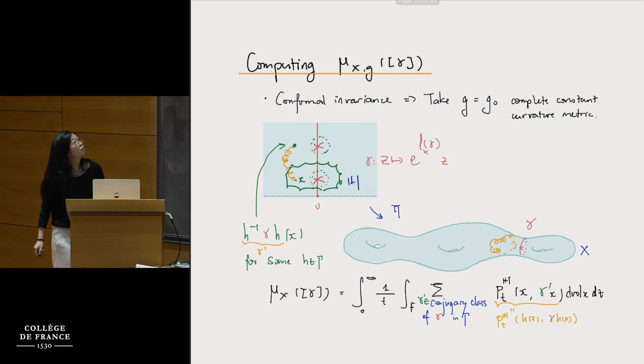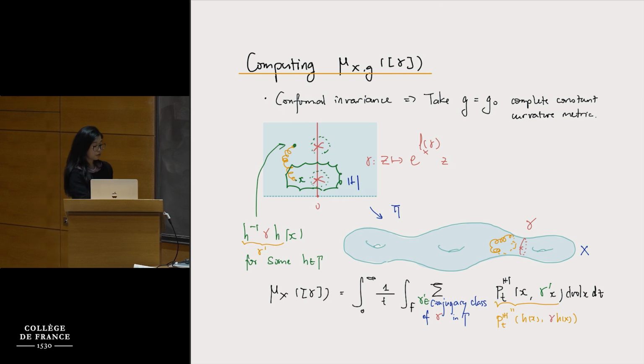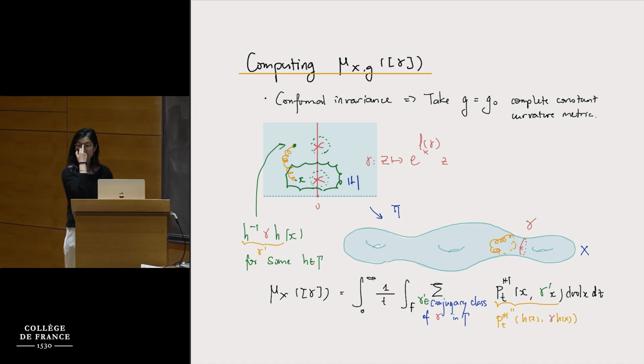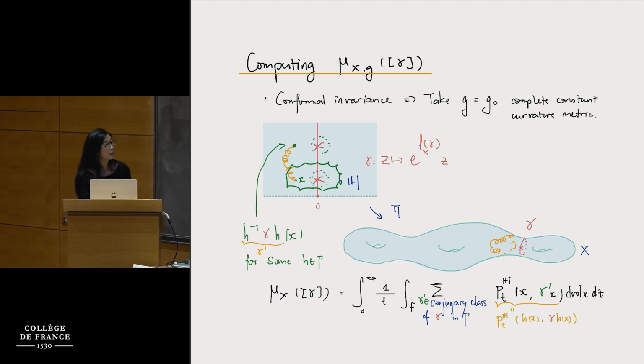Now if I want to compute the Brownian loop measure, I just care about this mass. The mass will be an integral of some heat kernel. Remember, for the loop measure, I have to count all these Brownian loops that are homotopic to gamma, or the loops that go from one point x to gamma prime of x, an element in the conjugacy class of gamma.